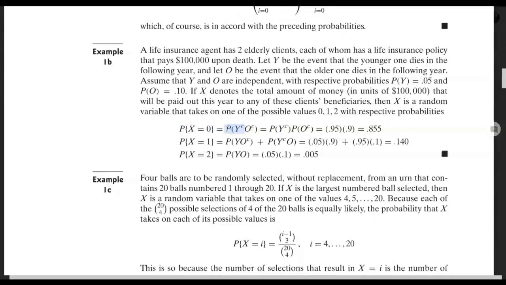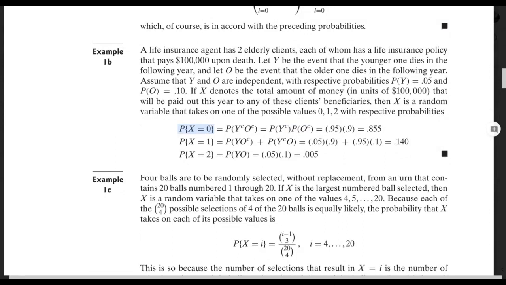That means the probability of no young and no old dying, right?